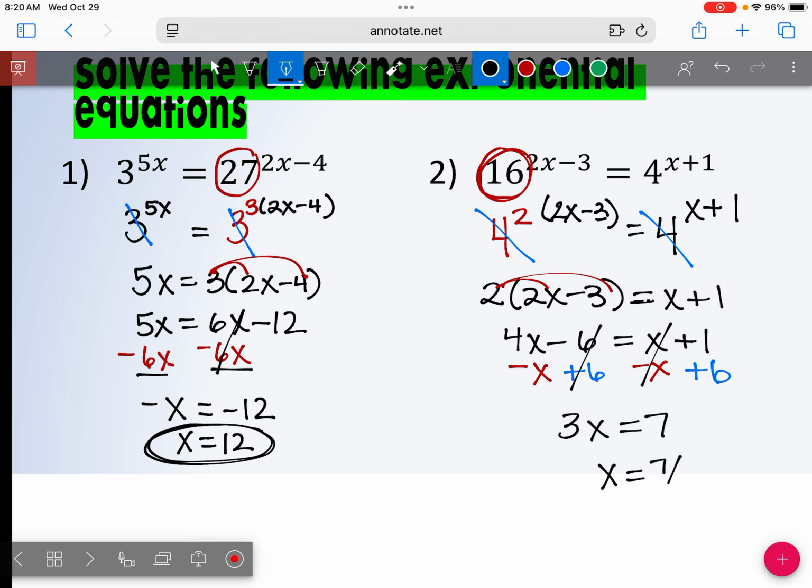So we get a fraction this time. Make sure that's what you got. And if you get a fraction, just leave it as a fraction. You don't have to change it to a decimal.